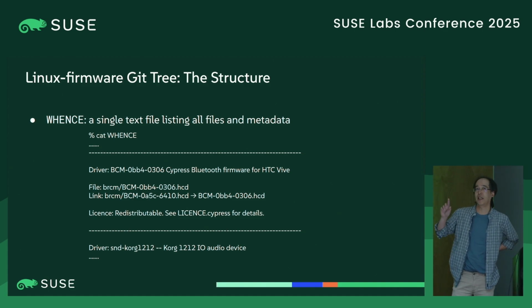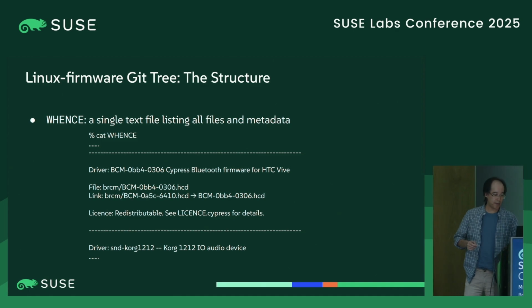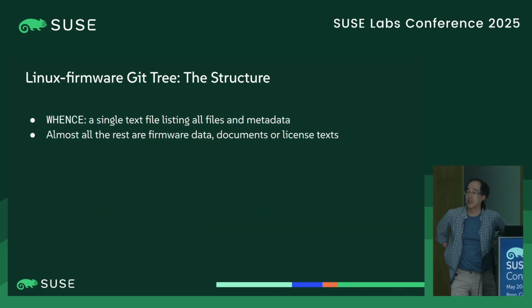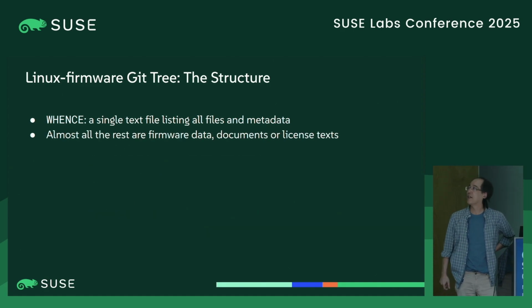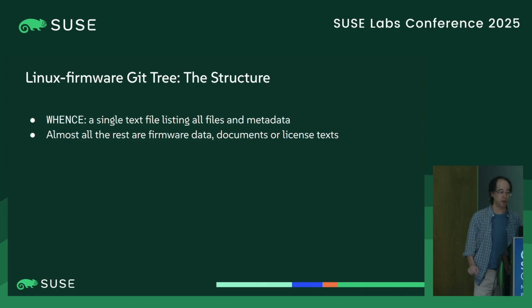Each section describes a driver, and shows which files belong to it, also which license or other meta information. And almost all the rest of the Linux firmware Git tree is firmware files and license or other text information. So really, it's a pretty simple structure.